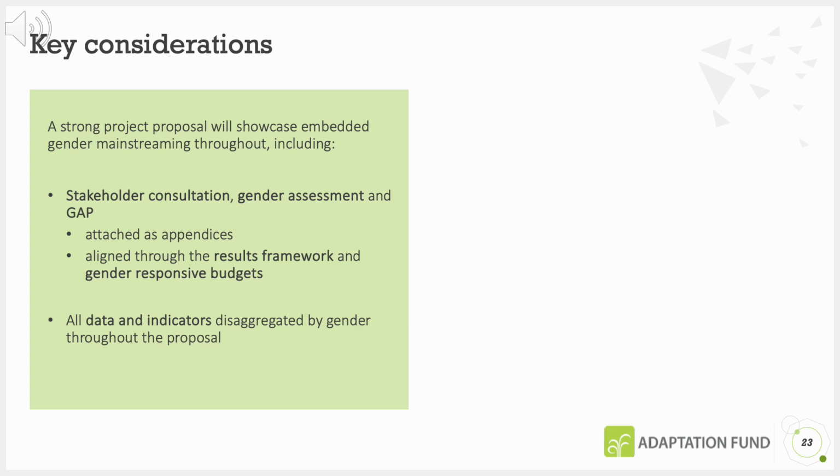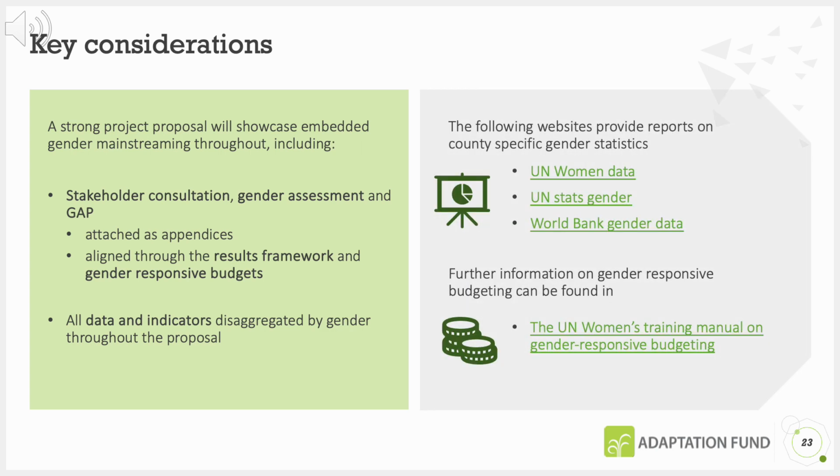And all data and indicators disaggregated by gender throughout the proposal. UN and World Bank sites can support with reports on country-specific gender statistics, and further information on gender-responsive budgeting can be found in the UN Women's Training Manual on Gender-Responsive Budgeting.